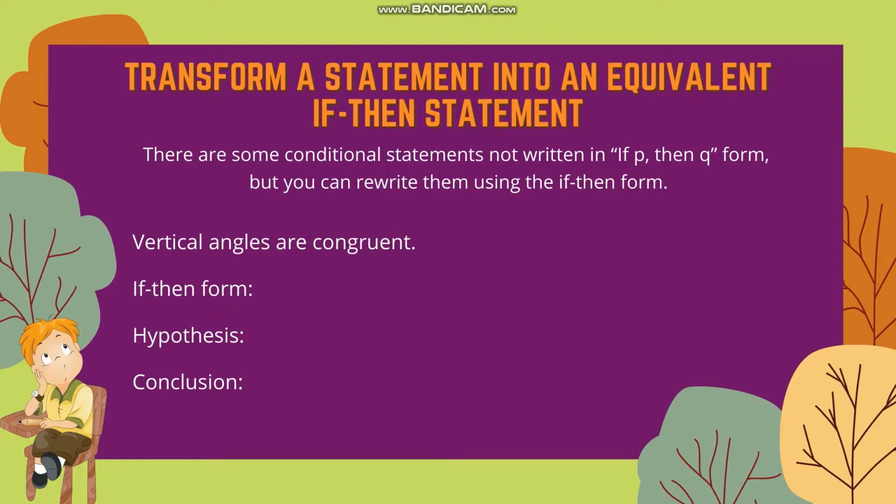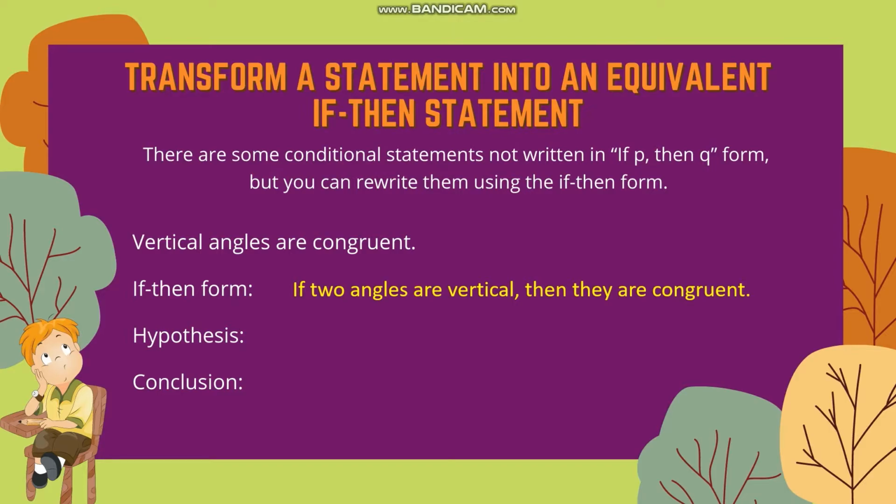Okay, so paano siya? So, yung gagawin natin kapag sinulat natin yung hypothesis and conclusion natin or yung if, then form natin, ay parehas lang nung sinasabi doon sa original statement. Okay? So, we have the if-then form. If two angles are vertical, then they are congruent.